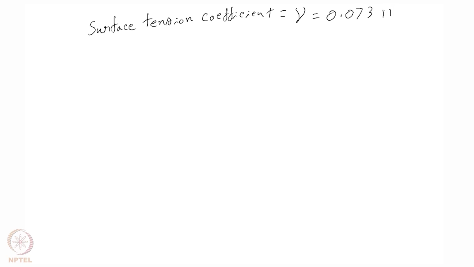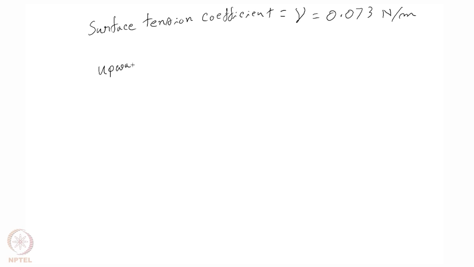Okay. Now I assume that the surface tension coefficient gamma is equal to 0.073 Newton per meter. Okay. Now what is surface tension force? So this will act upward.